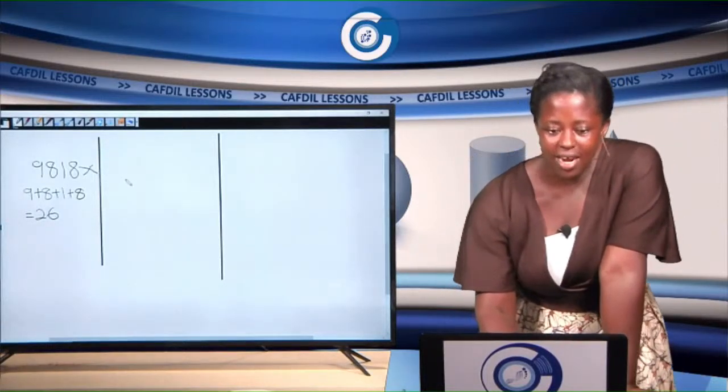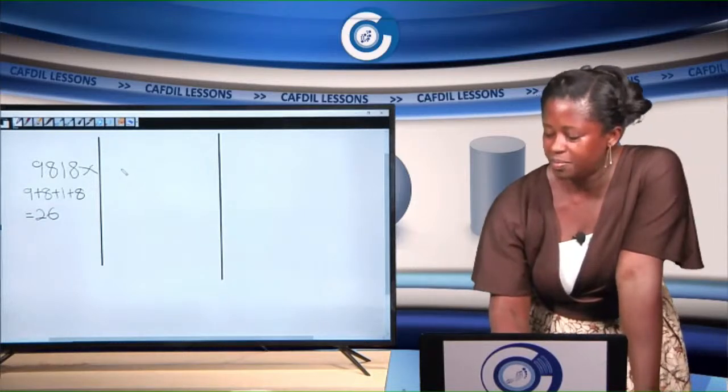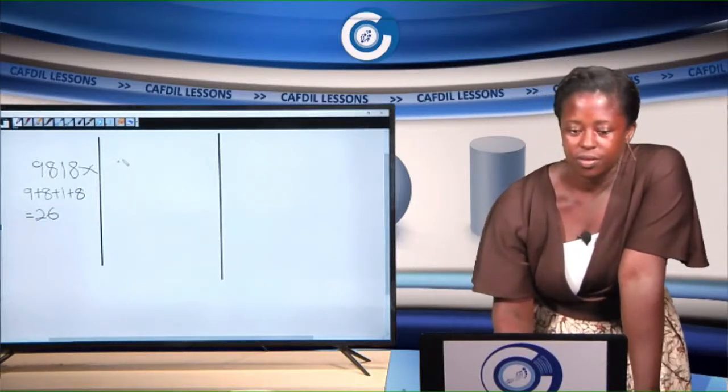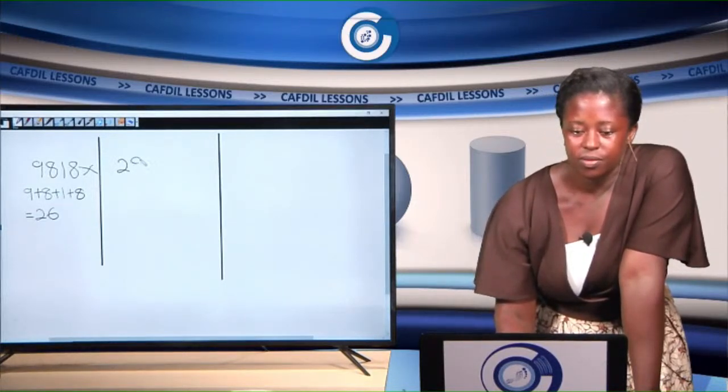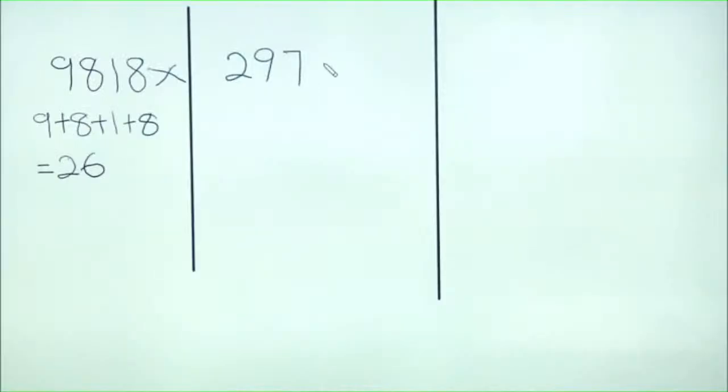Learners, let's try this as well. 2,979. Is it divisible by 9 or is it a multiple of 9?